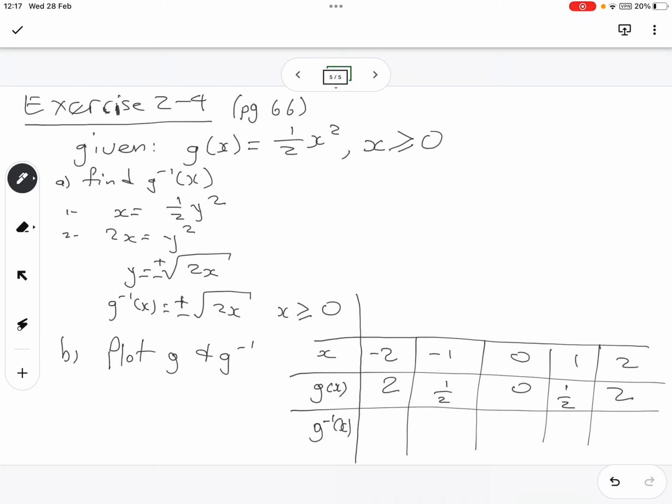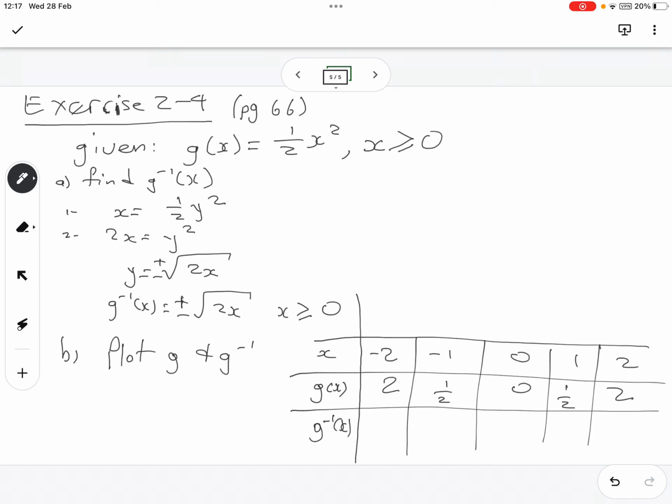And then for g inverse, what's g inverse of -2? It's an error. So the parts where x is negative, we don't consider.